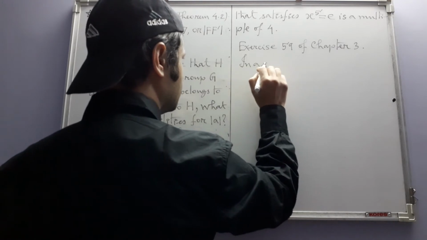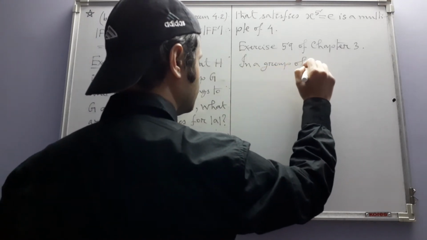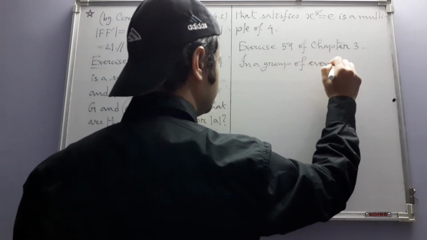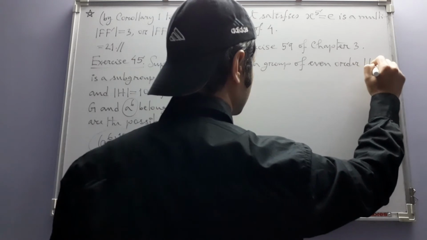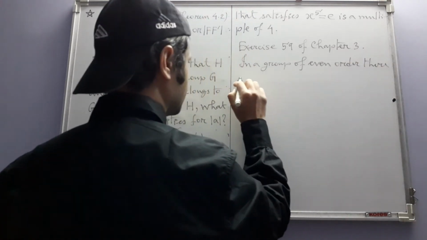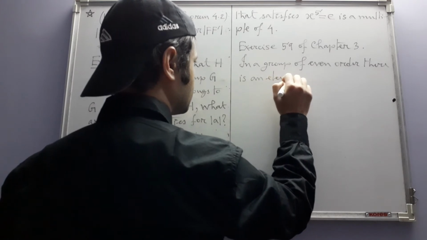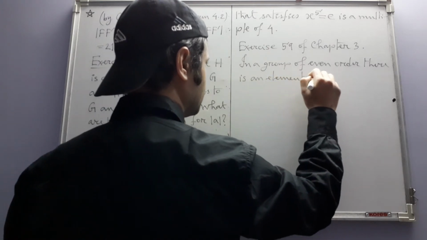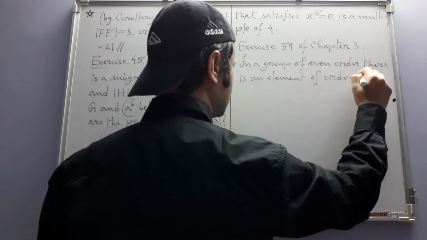In a group of even order, there is an element of order 2.